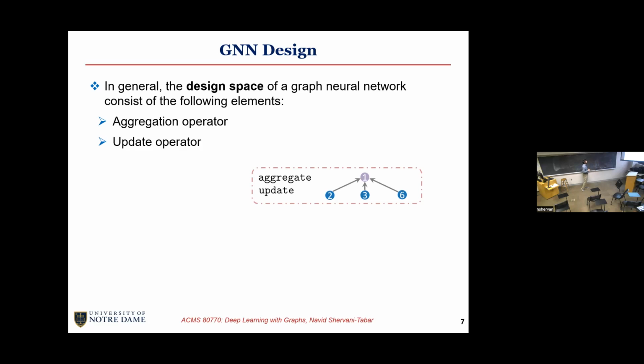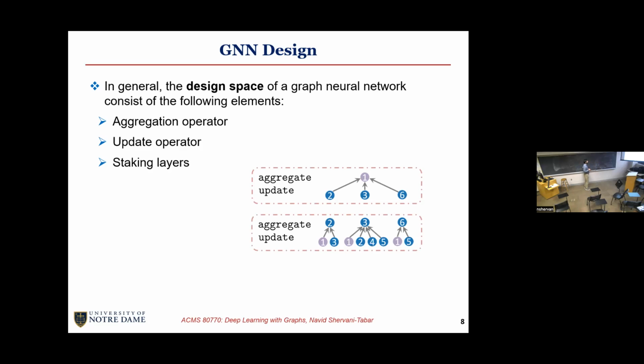Now that I want to generate a graph neural network, I might want to stack many of these on top of each other. And that we can represent using another neural message passing layer that gathers information at a higher depth.